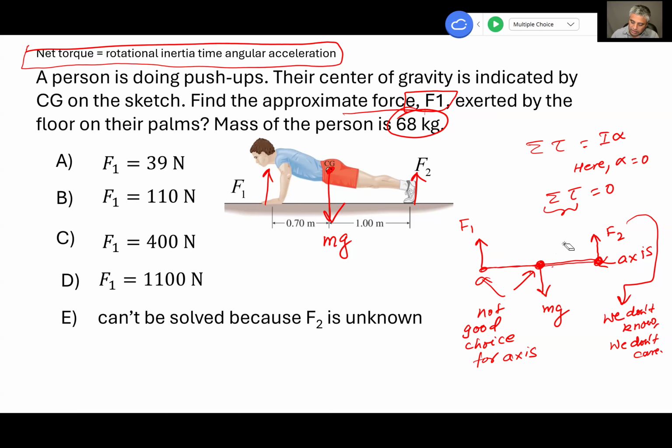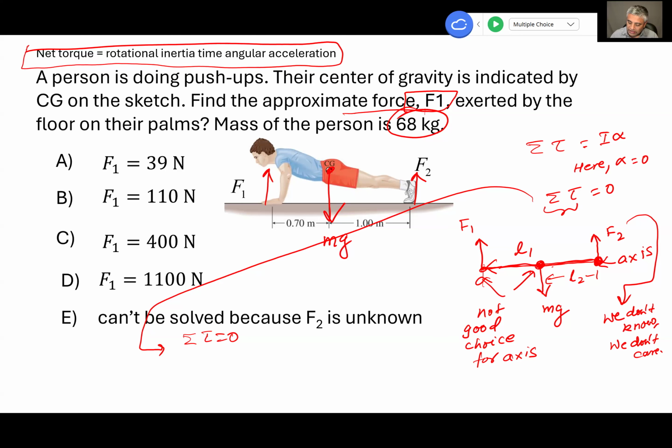Now the lever arm is always the shortest distance from the axis of rotation to the line of action. So over here, this whole thing is going to be L1, okay? And let's say this is L2. The lever arm for mg is L2, okay? Once we have that, we are ready to write the equilibrium condition, net torque equals 0.